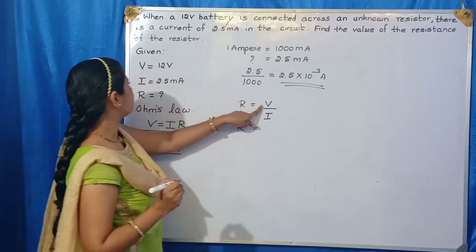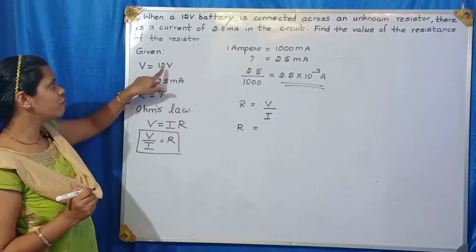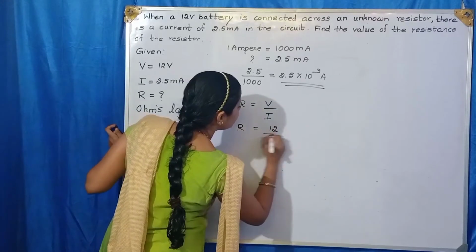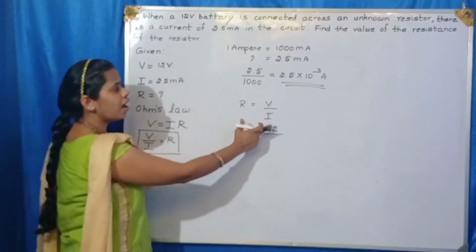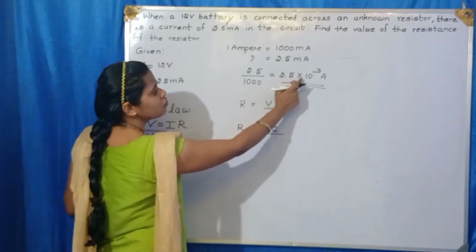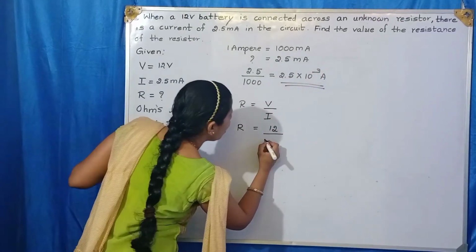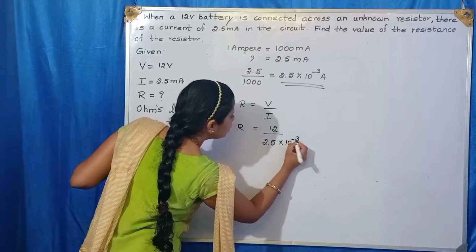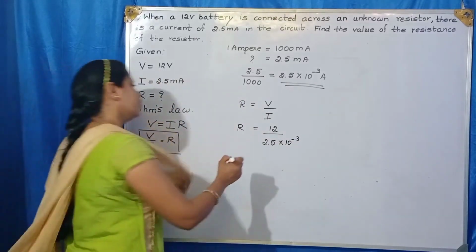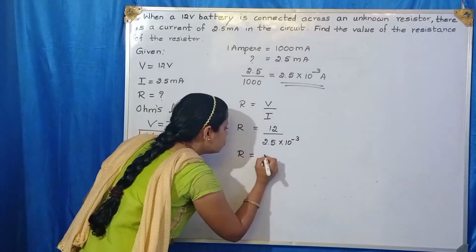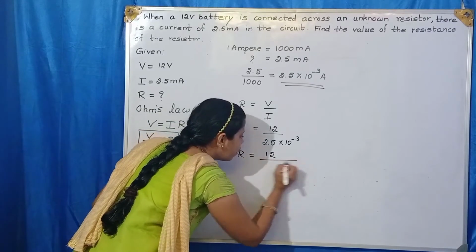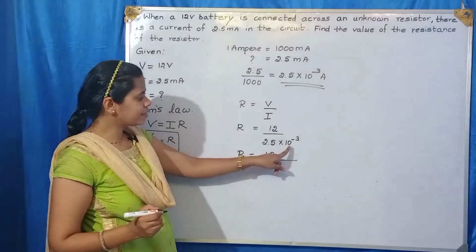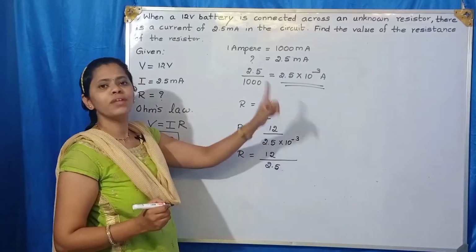R is equal to V. What is the value of V? That is 12 volt. 12 divided by I. I is how much? 2.5 into 10 to the power of minus 3 ampere. R is equal to 12 divided by 2.5, and take this 10 to the power of minus 3 to the numerator.